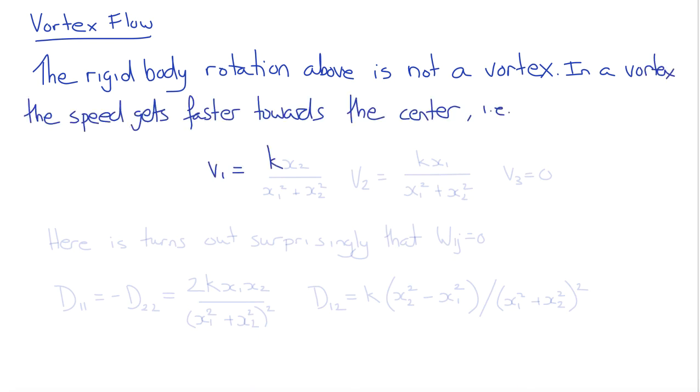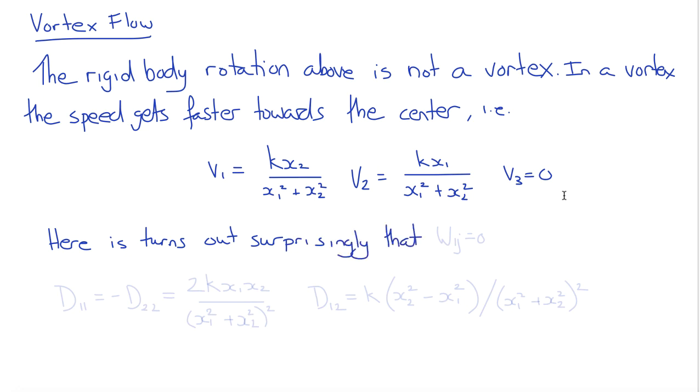So we could write a velocity vector field with this flow property by making v1 proportional to x2 divided by x1 squared plus x2 squared, which would be like the square of the radius, and v2 proportional to x1, also divided by the radius squared, which means that the magnitude of the velocity will increase in inverse proportion to the radius. In this example, v3 is 0, so the vortex here is about the origin, about the x3 axis.